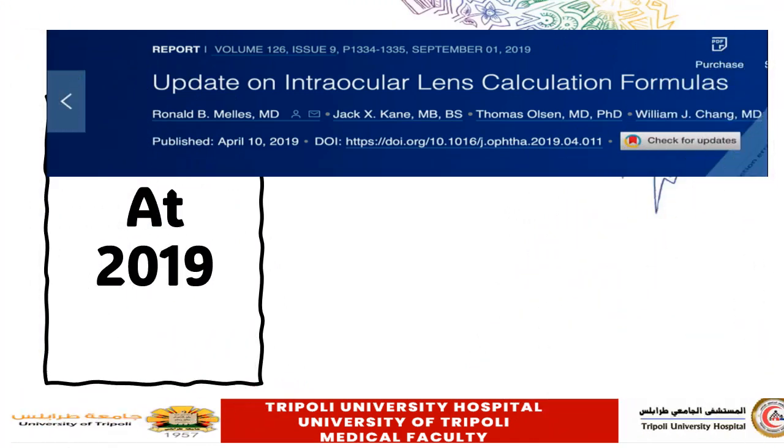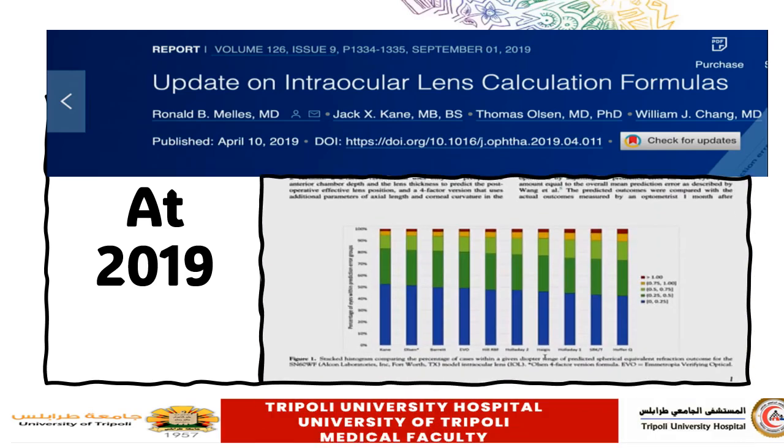In 2019, the same group, Ronald and Melles et al., and now with Jack Kane, did the same study to compare the different formulas, the new and old generation formulas. They came up with the result that the Kane formula does better as compared to the old generation formulas, with just 10 to 15% more accuracy, as you can see here in the right column.